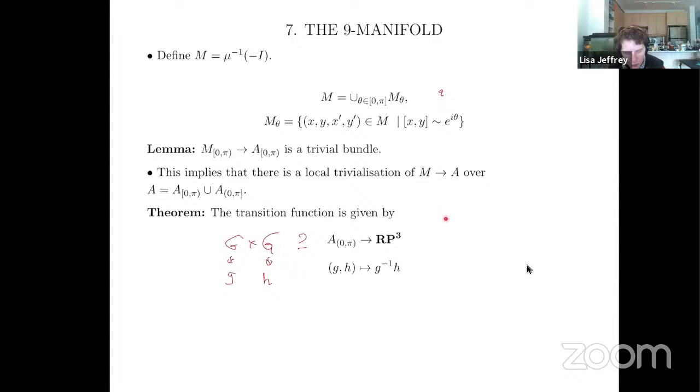The bundle is trivialized if you remove only pi or only 0. So for those subspaces, you get a transition function, which is just the map that sends G and H to G inverse H.